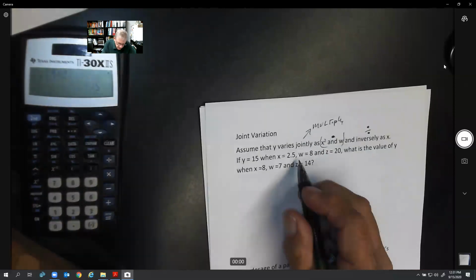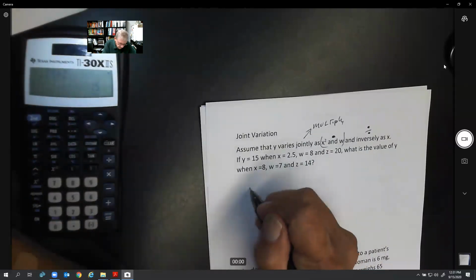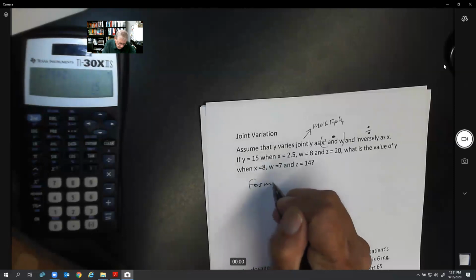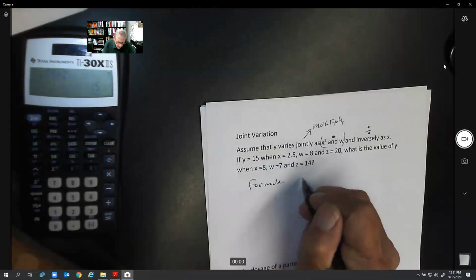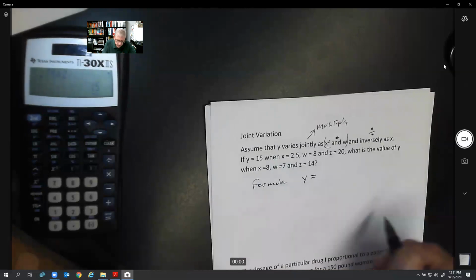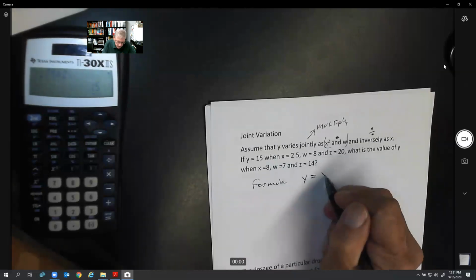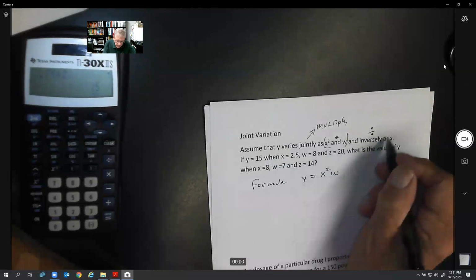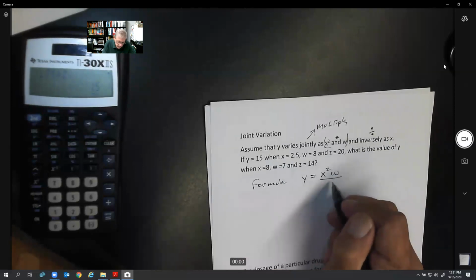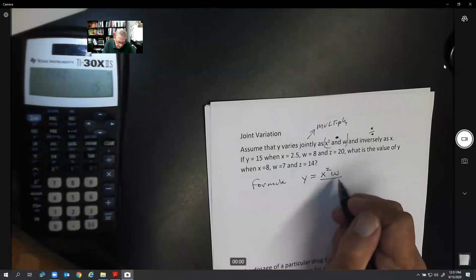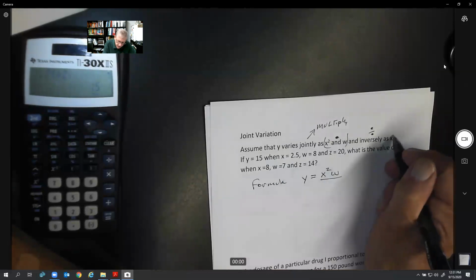So y varies jointly. Let's write this down as a formula. Y is equal to x squared times w divided by, this should have been a z, I'm sorry.